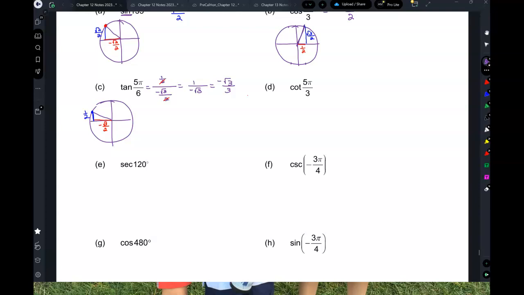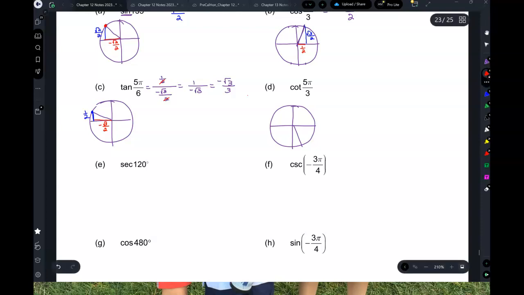Okay, so the next one is a 5 pi over 3. So 5 pi over 3. Okay, 1 pi over 3, 2 pi over 3, 4 pi over 3, 5 pi over 3. Now we know that's the bigger angle. Okay, so here we go. This is what you were asking. So this is the 60 degrees. How do you go to that point? This time you go horizontally the short distance, vertically the long distance. So it's switched.